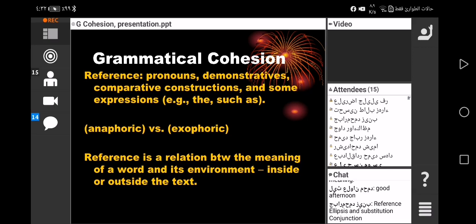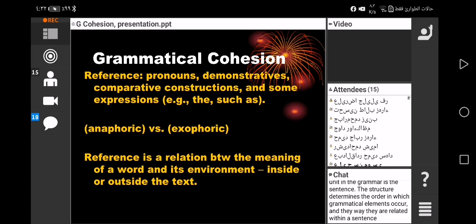Like pronouns. A pronoun is tied with a noun. When you use a pronoun, it indicates that you earlier used a noun and now you use a pronoun instead of that noun. Or you use a pronoun because you anticipate a noun in future. Demonstratives like this, that, and so on.